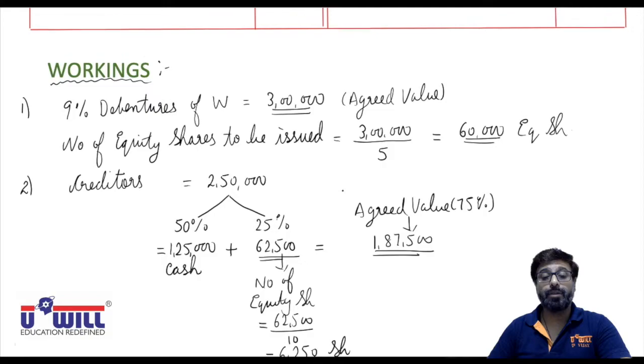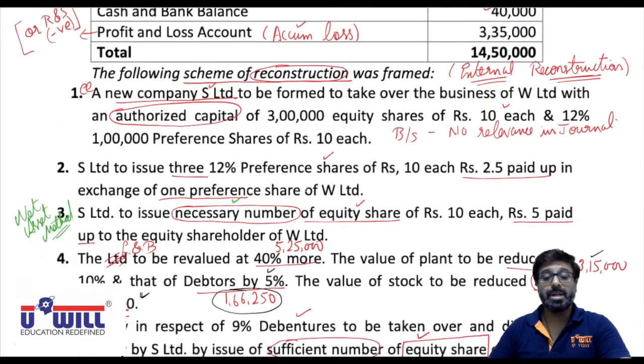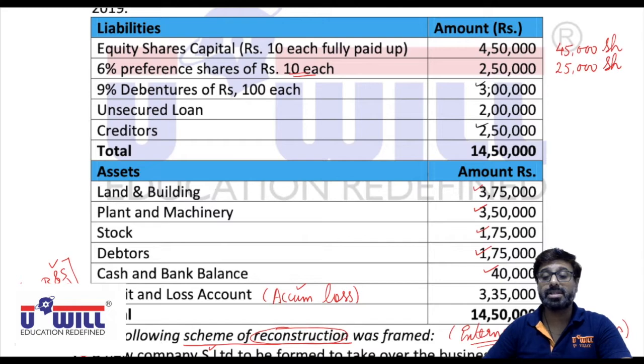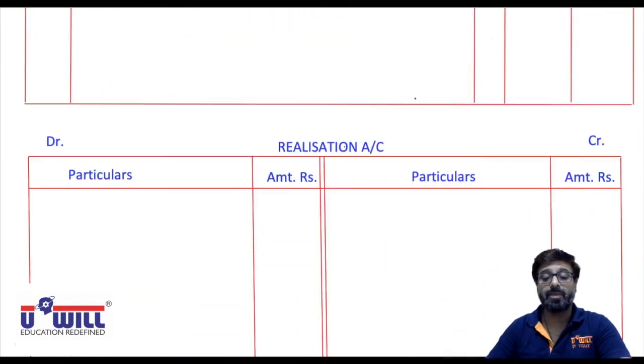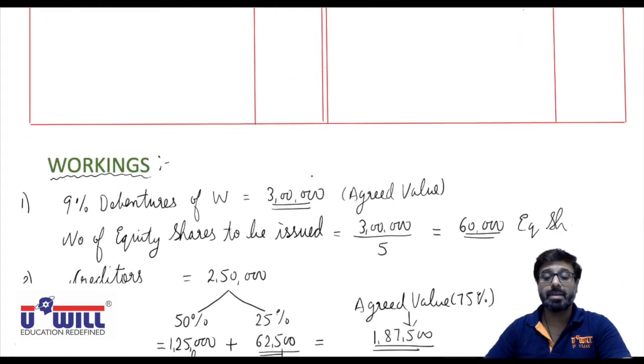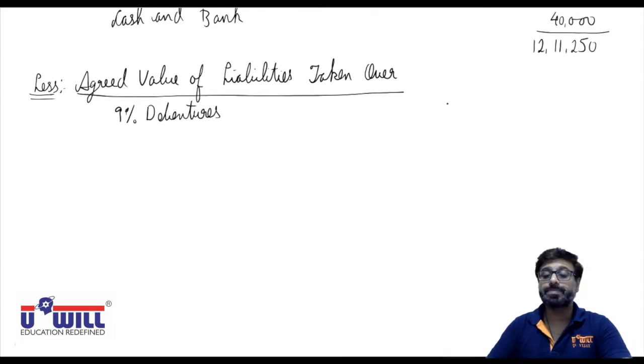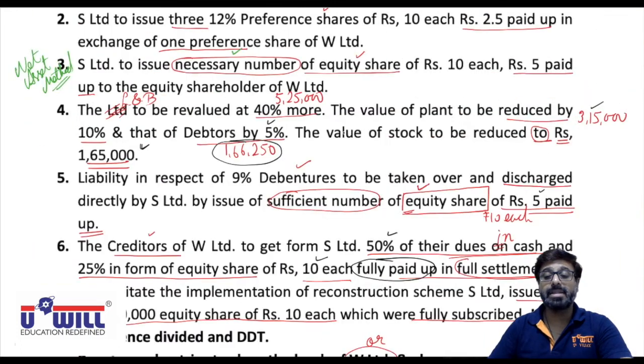Now, for the agreed value of liabilities taken over, 3 liabilities are there. First is debentures, 3 lakhs itself, which we have seen in working note 1. We just did the working to find the number of equity shares, but 3 lakhs itself is its agreed value. So 9% debentures, 3 lakhs. Then we have unsecured loan.